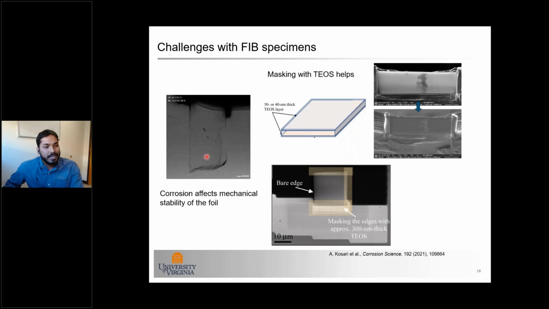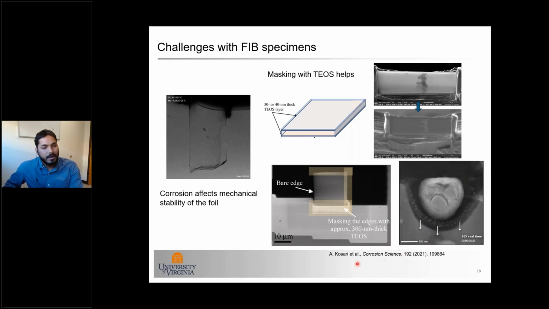But that definitely helps in avoiding this kind of incident. And then also we can coat the lamella from both sides or the place which is not of interest, and then see the corrosion progress from only one edge of interest. And this is what Ali Kosari did when he wanted to get information regarding the complex phenomena happening in S phase.